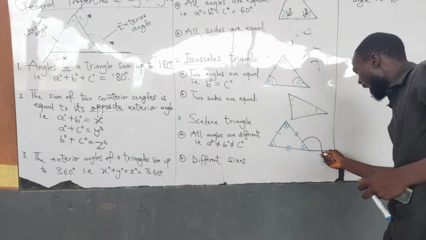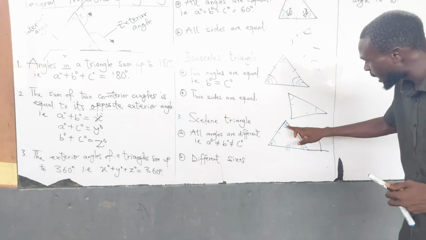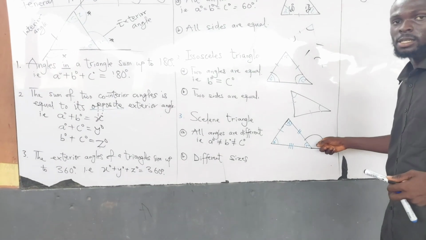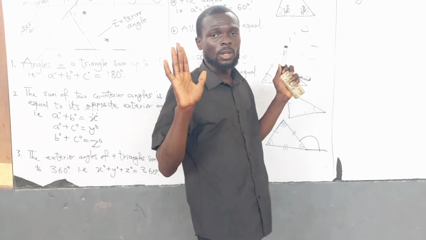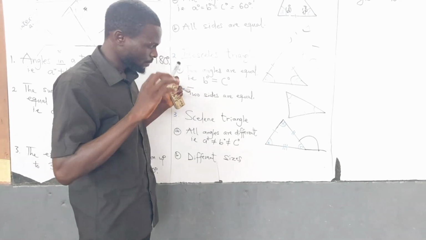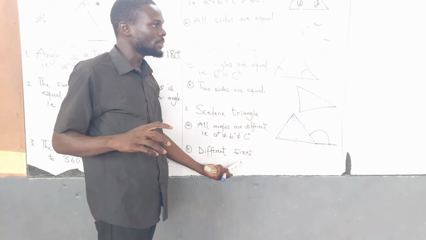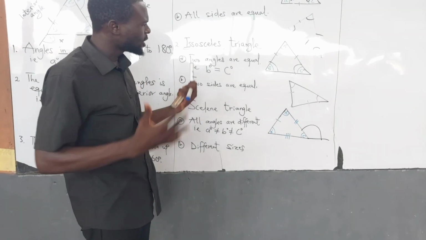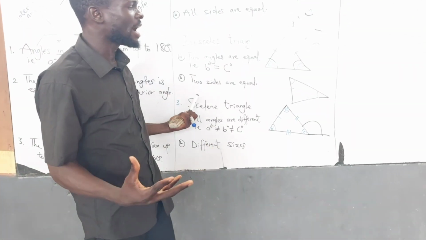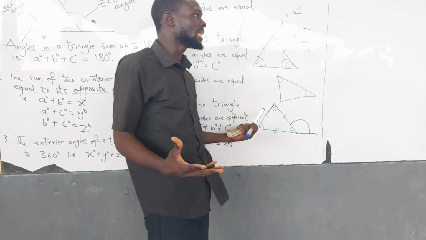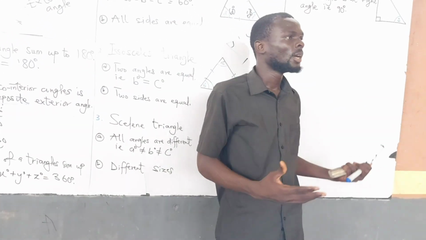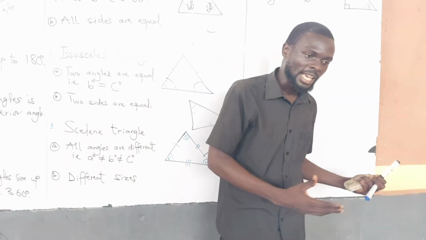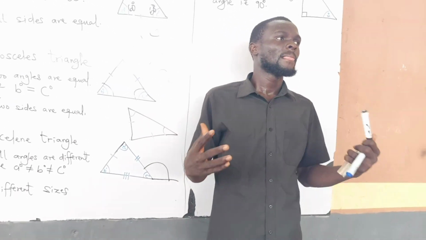If let's say an angle is formed here, the sum of this and this will give me this. So this happens to be a general formula for any given what? Triangle. So it has different sizes. So these are the 3 that we have to take into consideration anytime we are calculating for angles in a triangle.